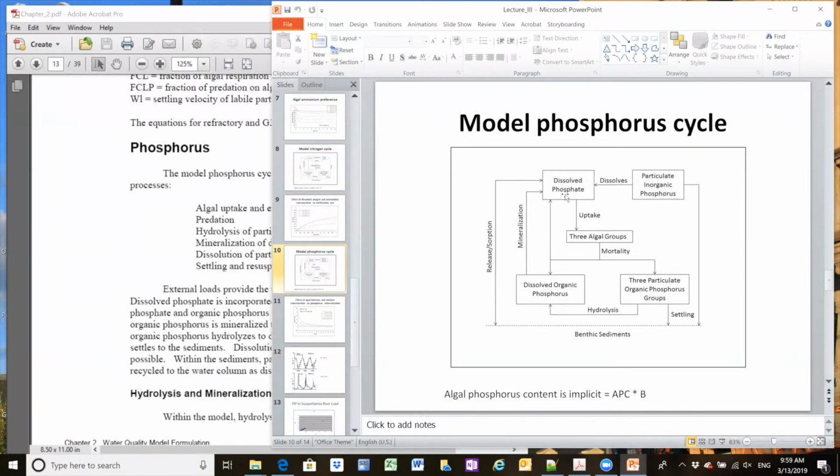The particulate organic groups undergo hydrolysis to dissolved organic phosphorus. The dissolved organic phosphorus undergoes mineralization to phosphate. We have also another phosphorus variable which doesn't have an equivalent or an analog in nitrogen, which is particulate inorganic phosphorus.